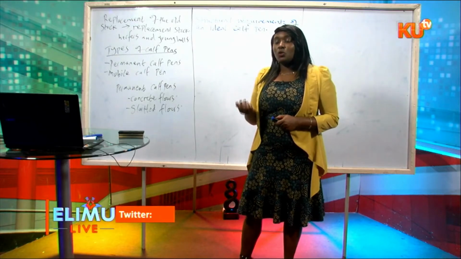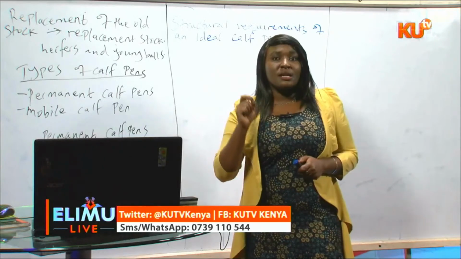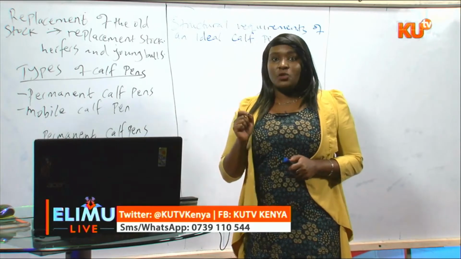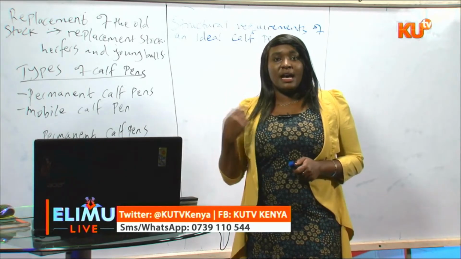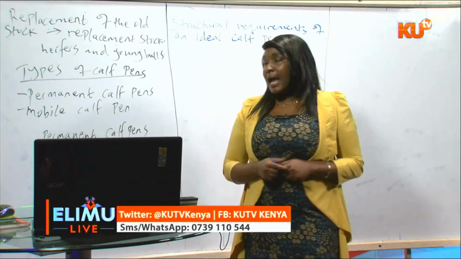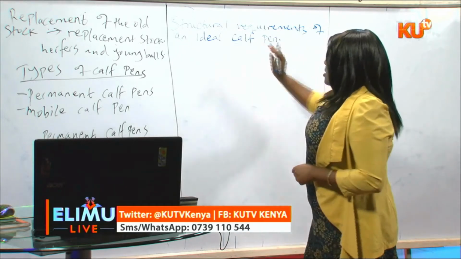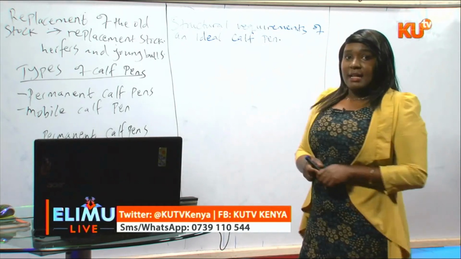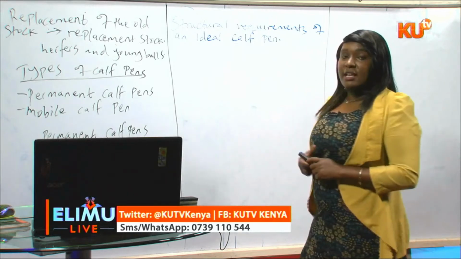That is the ultimate goal of a farmer, so that they can be served and start reproducing at the right time. So, structural requirements of an ideal calf pen that will boost production in the farm.